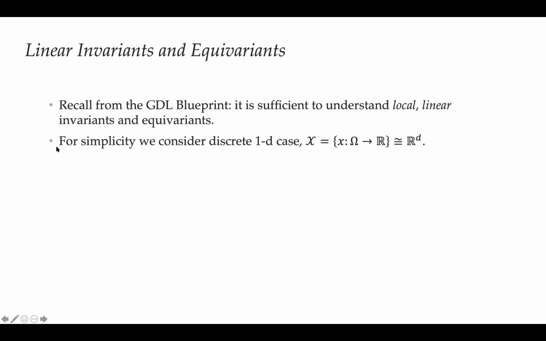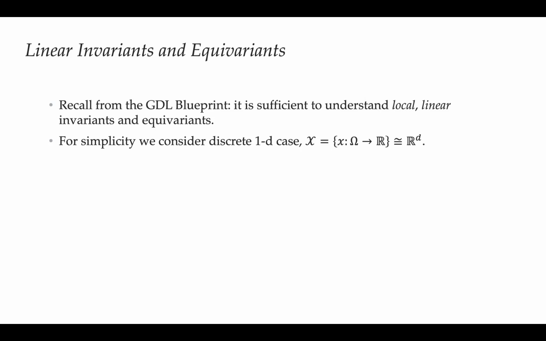Okay. So remember when we constructed this geometric deep learning blueprint, the interesting aspect of the blueprint is that it's sufficient to understand very well the local linear invariant and equivariant structure.